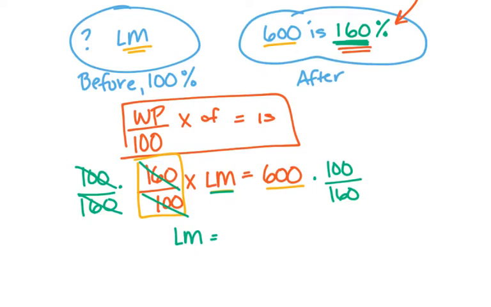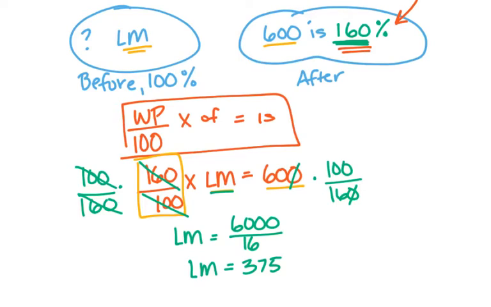Then I'm going to cross out a 0 here just to make my solution a little bit simpler. So that becomes 6,000 over 16. I can put that in a calculator or solve it out. When you divide it, it becomes 375.